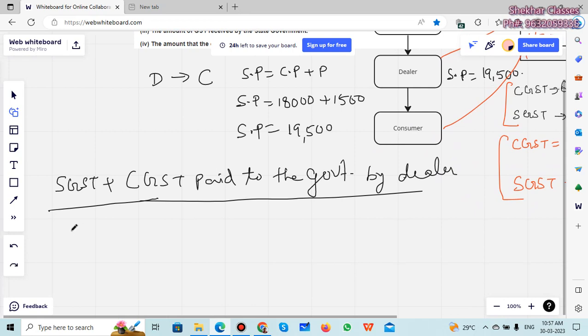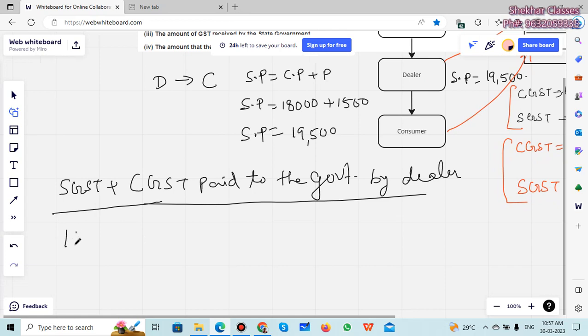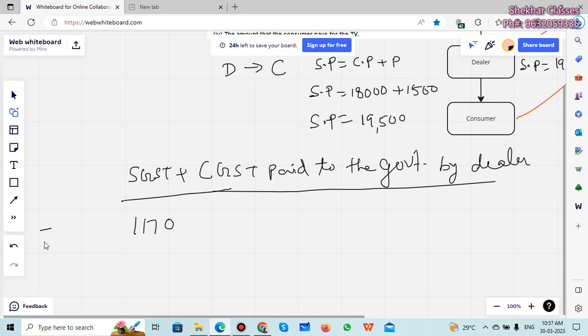Remember the words we had, input tax and output tax. What is the input for him and what is the output for him? You have to know that. So how much has he received? 1170. This is the tax received from the consumer.